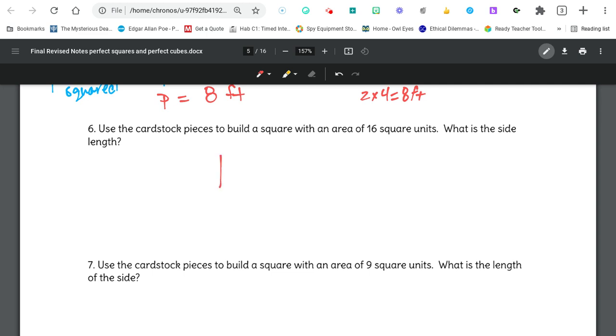So you would be given little cardstock pieces where you can draw these or place these together. And you've got to have a square. So you got to know it's a 4x4 structure.